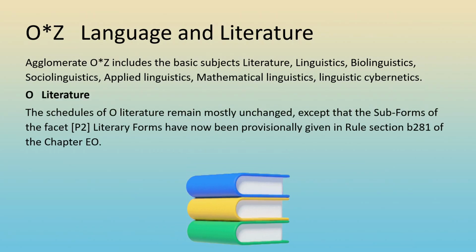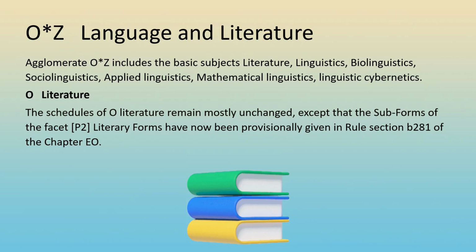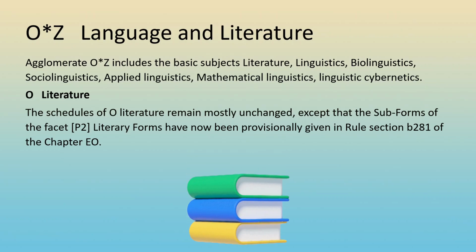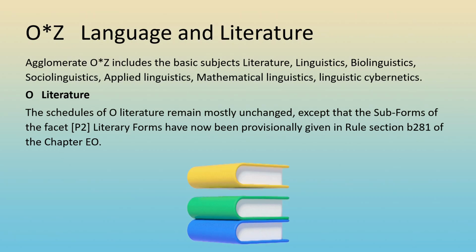The schedules of literature remain mostly unchanged from the previous edition of colon classification, except that the subforms of the facet P2 literary forms have now been provisionally given in rule section small b 281 of the chapter EO.